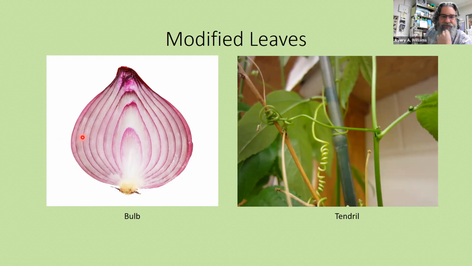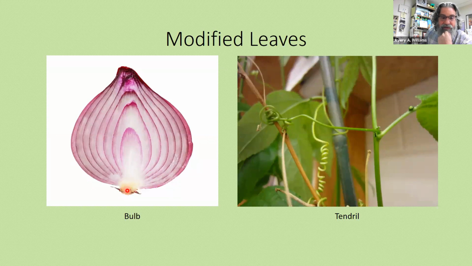These are leaves, but underground leaves are called scales. So each one of these is a scale, underground leaves for storage.